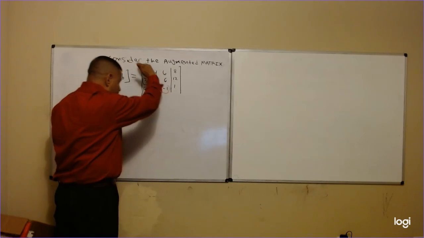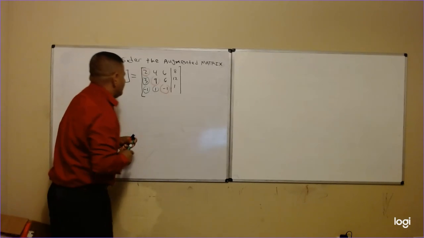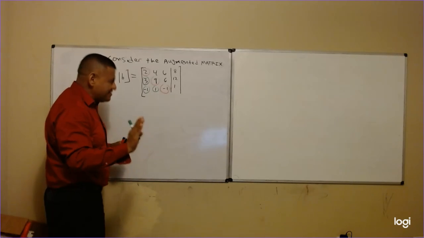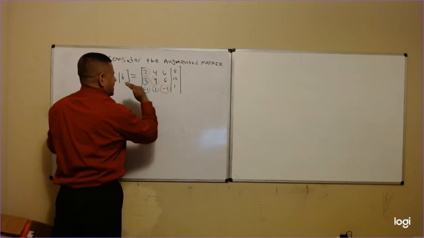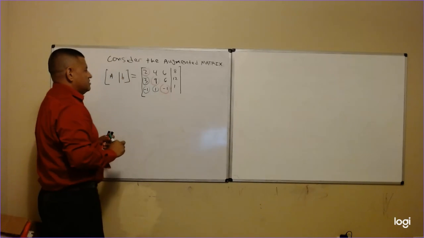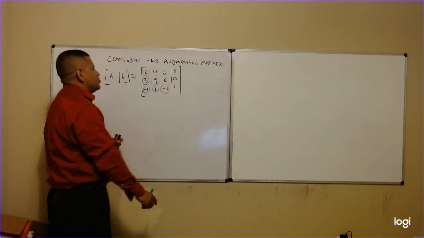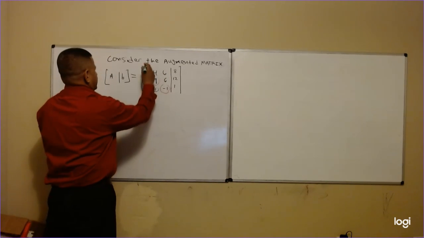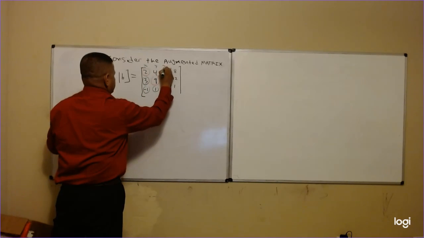What I care about is this being ones and this being zeros. That is what I'm looking for first, before I start solving the problem, or in other words, before I start getting the values for X, Y, and Z. Remember that I have an X, a Y, and a Z in this case.